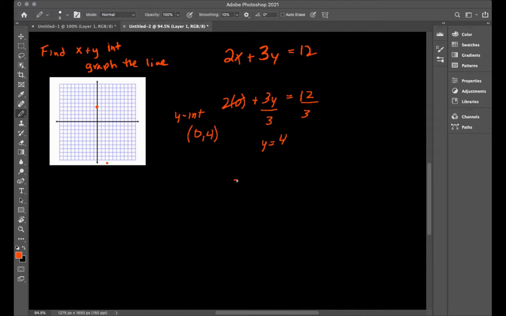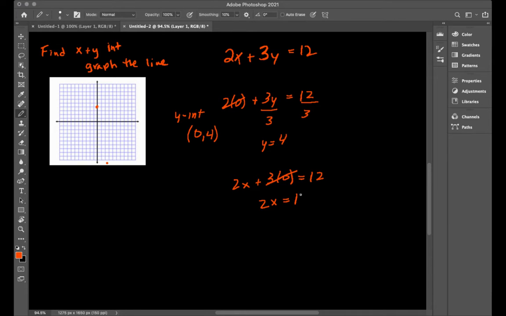Okay, so let's go 2x plus 3, 0. Okay. And then here. So then you miss that, and now you have 2x equals 12.